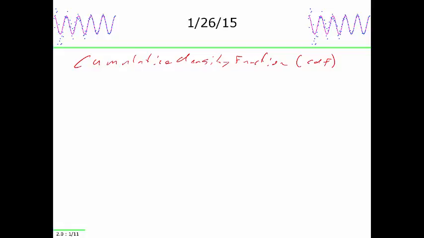All right. At any rate, what is the CDF? It's the integral over the PDF. And we're going to indicate it by a capital F of M to discriminate it from the probability density function, which has a lowercase notation. So capital F of M is the integral from -infinity to M of f of x dx, where f of x is the PDF.